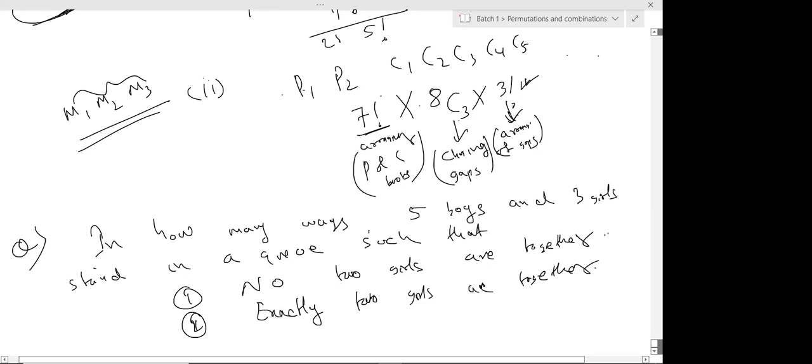All right, here the first part is exactly the same like the previous question. In the second part, you need both bundle method and gap method. So try to solve this.